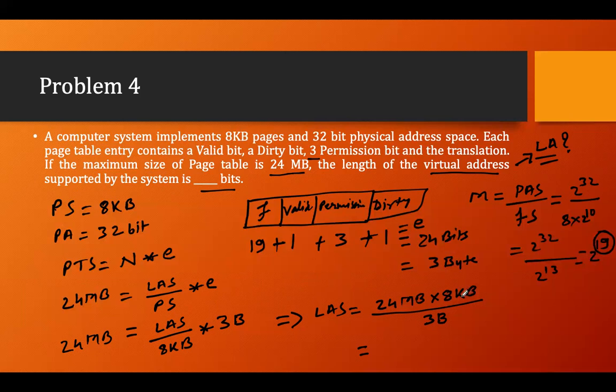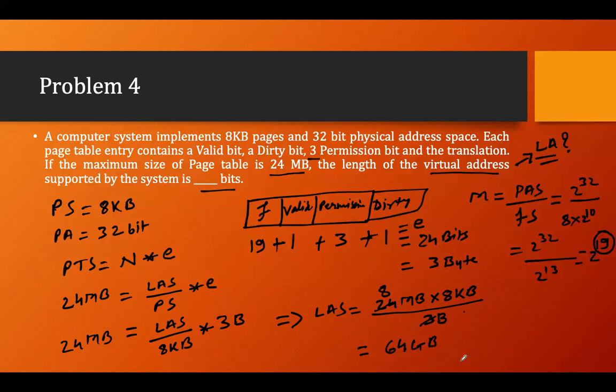MB into KB will become GB. 24 into 8 divided by 3, it will become 8 bytes. So 8 into 8 becomes 64. M and K become GB. 64 GB is the answer for logical address space.